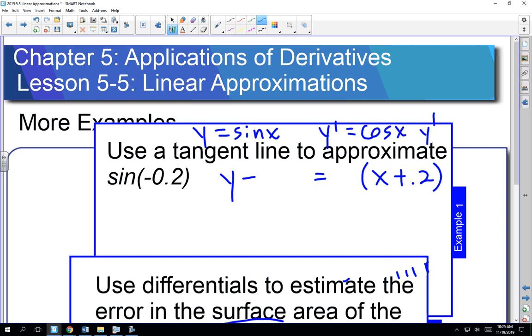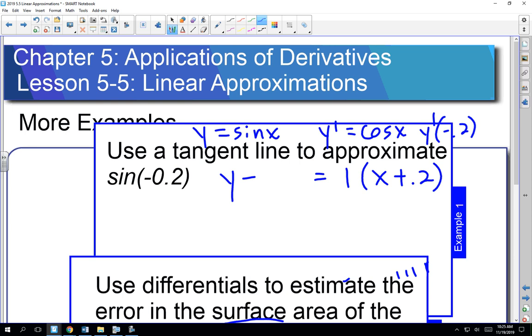So y prime of negative 0.2, whatever that gives us. What's cosine of negative 0.2? That would be your slope right here. Very close to 1. And then we have y minus, if we plug into the original, sine of negative 0.2.